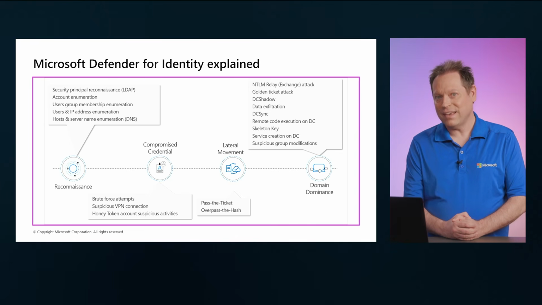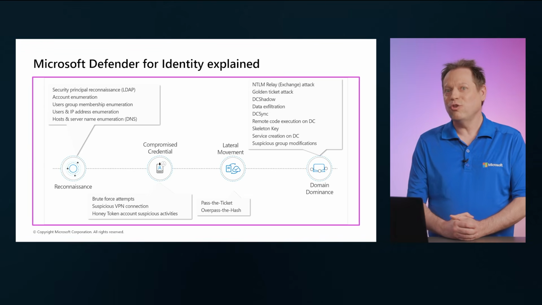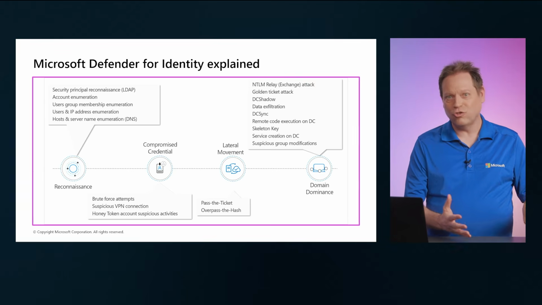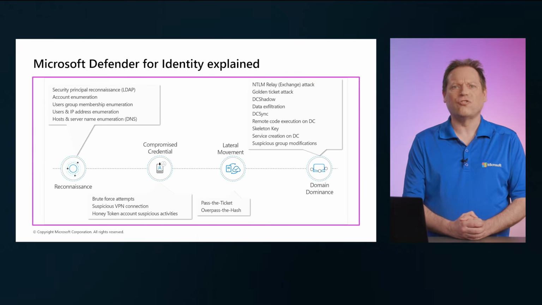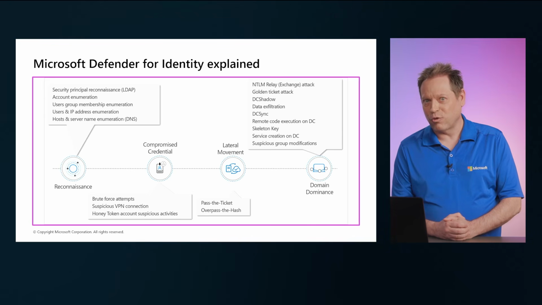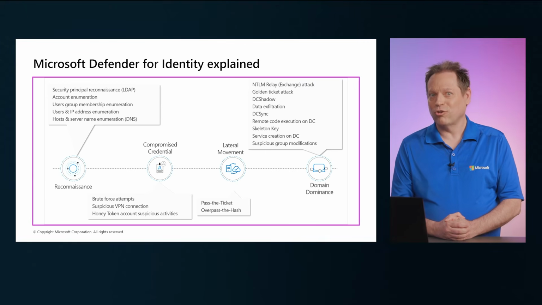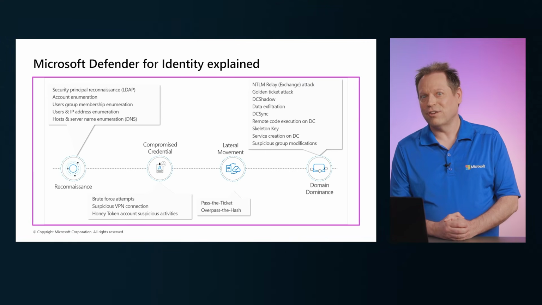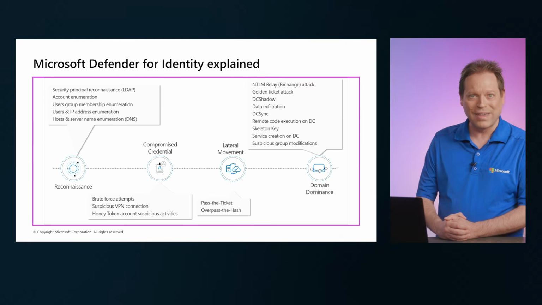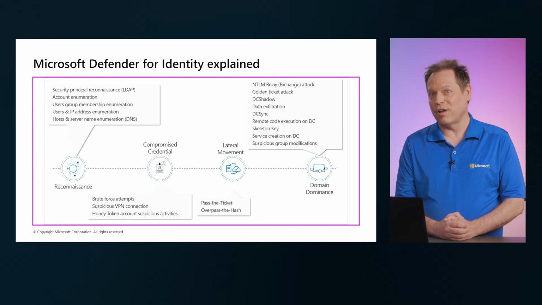That telemetry is analyzed by the Defender for Identity Cloud Service, which looks for indicators of compromise such as unusual credential usage, suspicious authentication patterns, or signs of lateral movement. When risky behavior is detected, alerts are raised and correlated into incidents within the Microsoft Defender XDR portal, giving security teams clear context and guided response options.